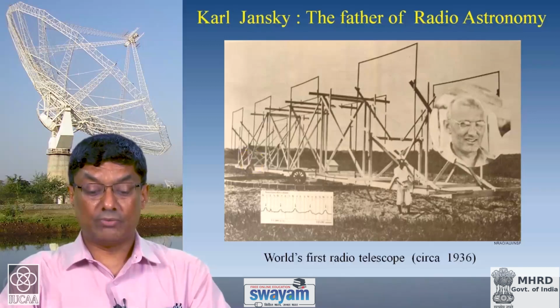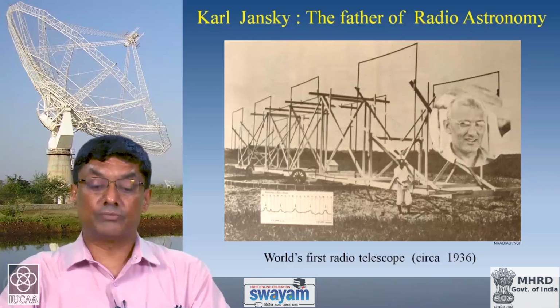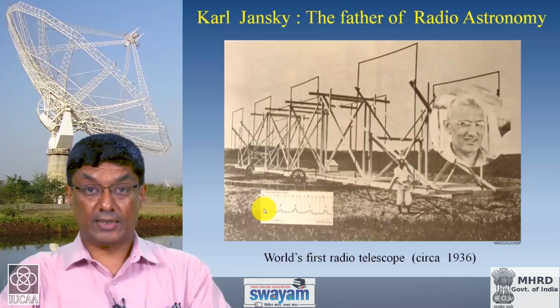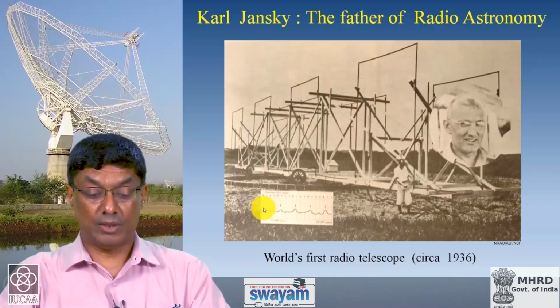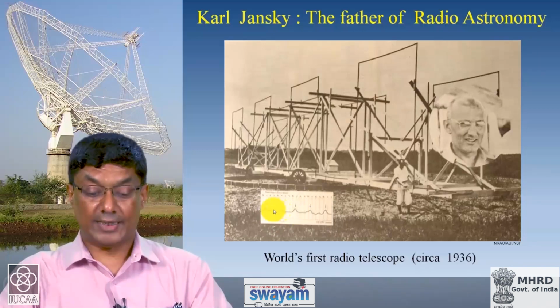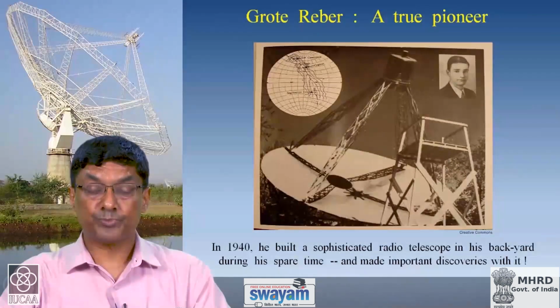And what Karl Jansky found is that the unwanted signals were not coming from any object on the surface of the earth, but they appear to be coming from a fixed direction in the sky, as can be seen in this very simple plot that he made of the variation of the strength of the signal as the direction in which the telescope was looking. And this soon led to the understanding that there are many interesting objects in the universe which are radiating at radio frequencies, and radio astronomy was born.